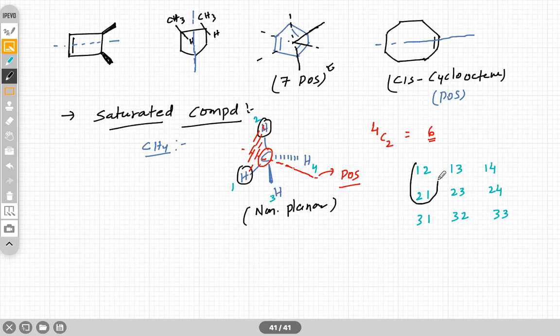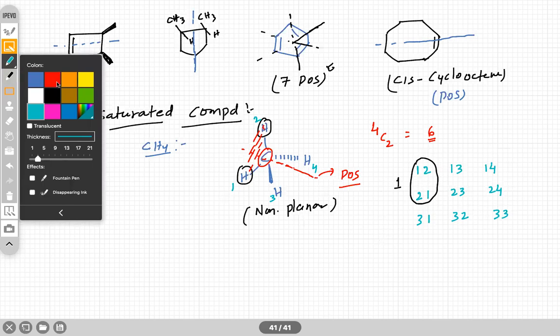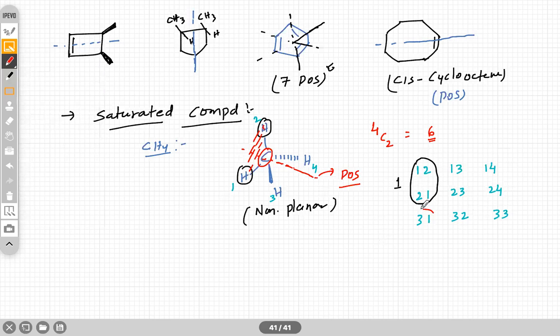These two are the same, 1 3 and 3 1. See here, 1 3 and 3 1. This one and this one are already the same, so we have 1 over here. So not 1, it would be 2.